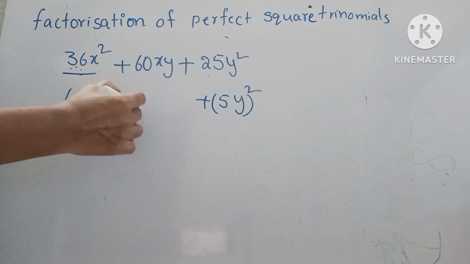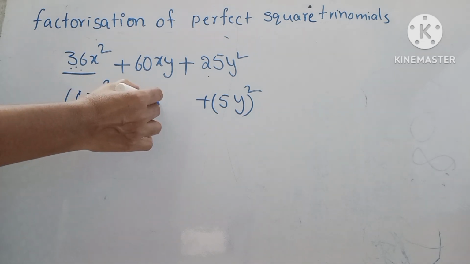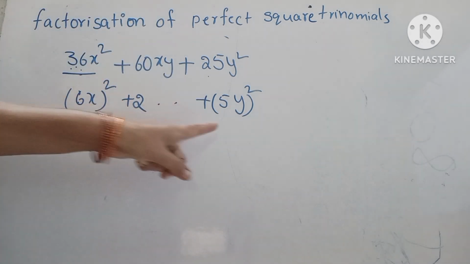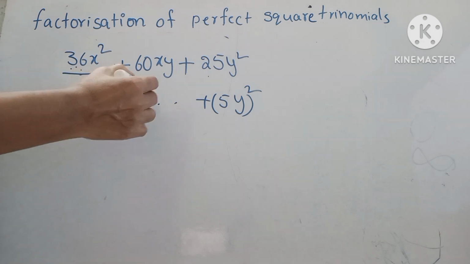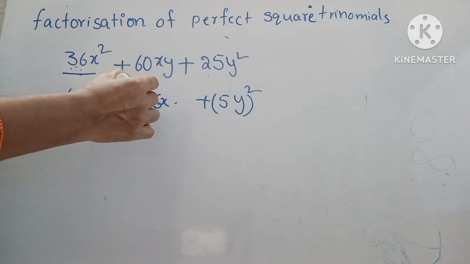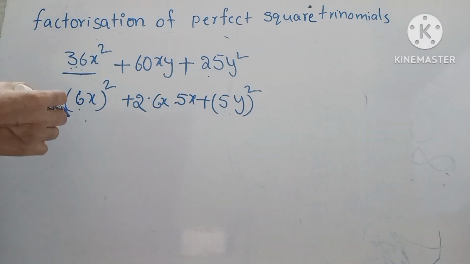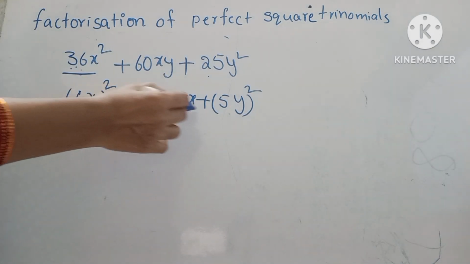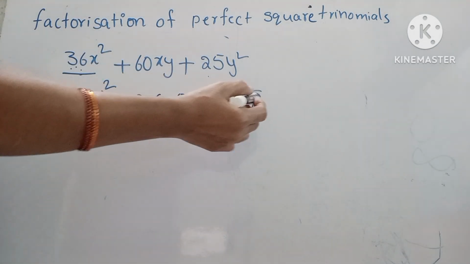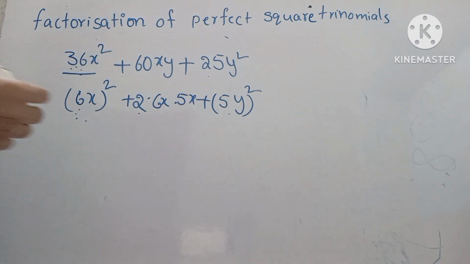Middle term ఏంటి? a square plus 2ab plus b square. a square b square తెలిసింది. What is a here? 6x. So 2 into 6x into here b is 5y. Yes, it is, ఇప్పుడు చూడండి, ఇది a square plus 2ab plus b square formation ఉంది కదా. So it is a perfect square trinomial. Then what are the factors of this?